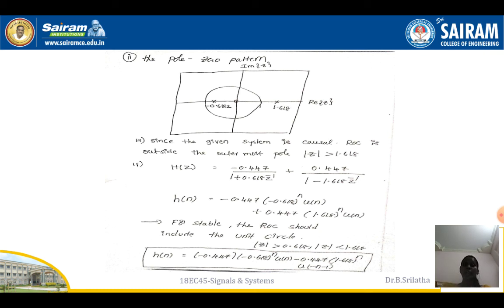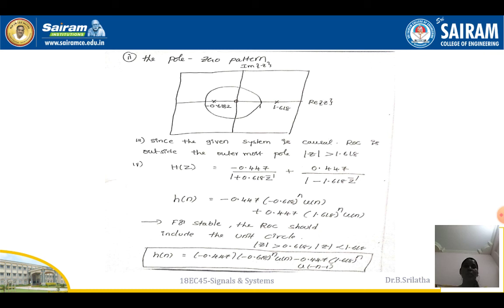Okay, clear? Now H of z is given, and if you want to find H of n, how to do it? We have to apply the inverse Z transform. Here also we apply the partial fraction method. We have two roots in the denominator, A divided by the first root and B divided by the second root. So we got the two values, minus 0.447 and plus 0.447.